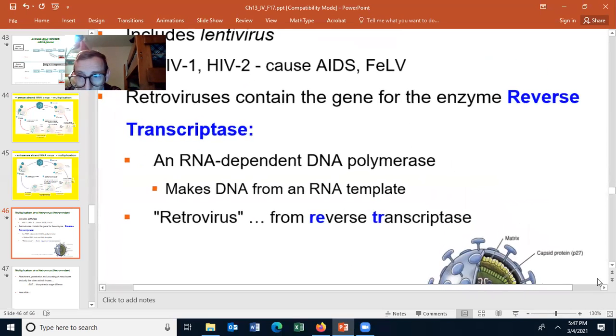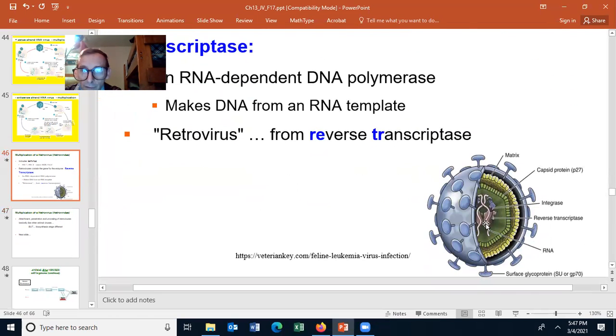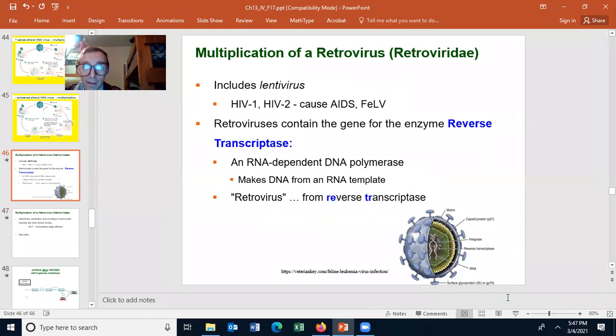Let me blow that up a little more. Oops, too far. Reverse transcriptase right there. That means the protein is transmitted with the virus, and as soon as the virus infects a cell, the reverse transcriptase can read the RNA to start making DNA.